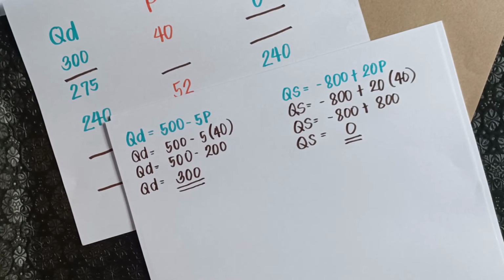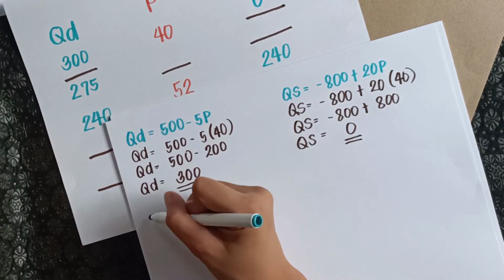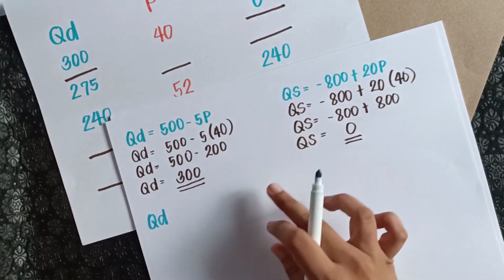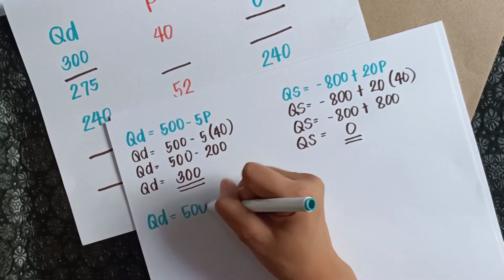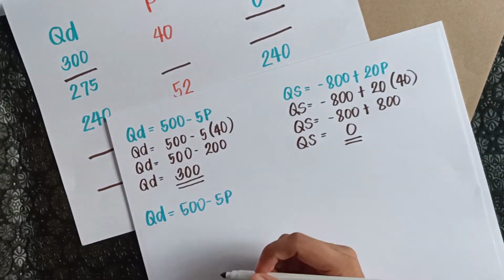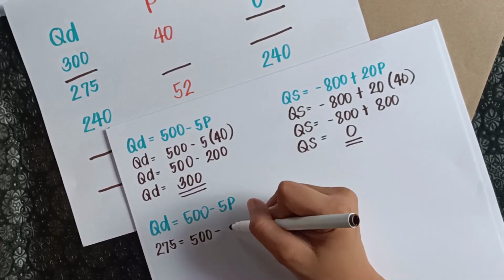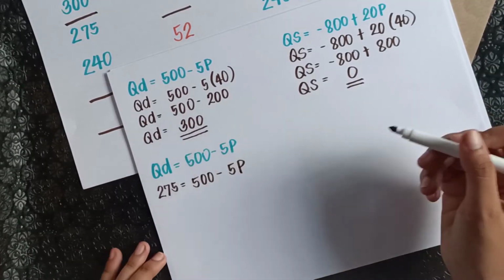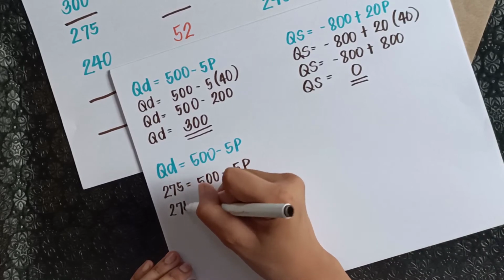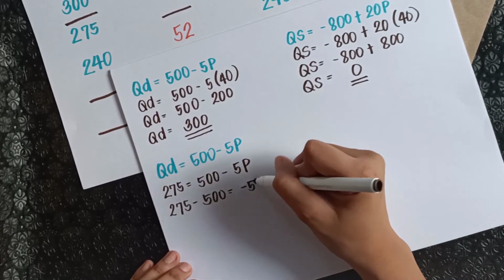Next one, we will be using quantity demanded of 275 to look for the price and the quantity supplied. So we will just again substitute for the quantity demanded. 275 is equal to 500 minus 5P.